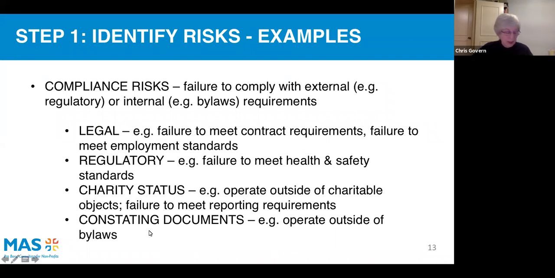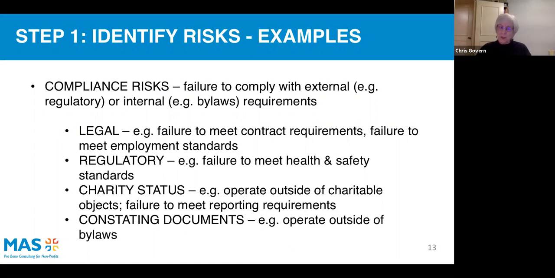The idea in risk management is that you manage the risk to avoid the consequences. But I find that very often when people are trying to identify risk, in fact, they're identifying consequences. So they will say the risk is loss of charitable status. Well, that's not actually the risk.